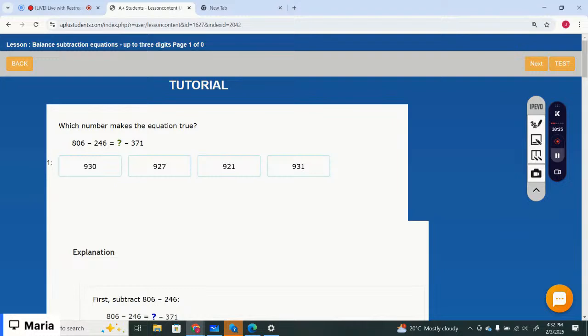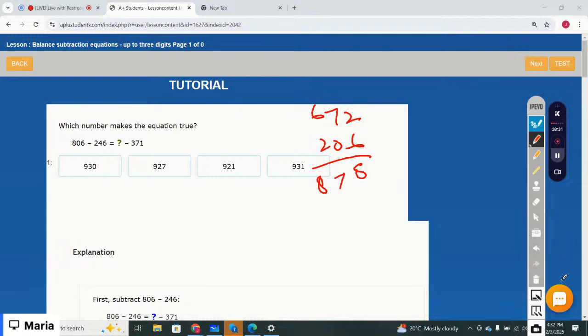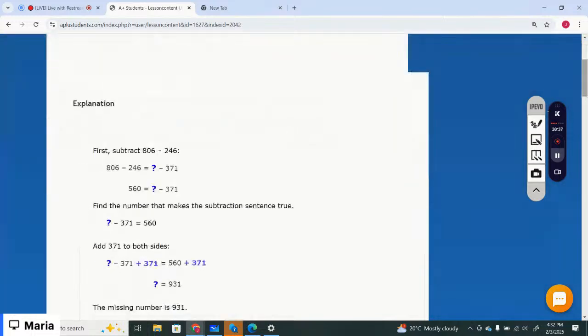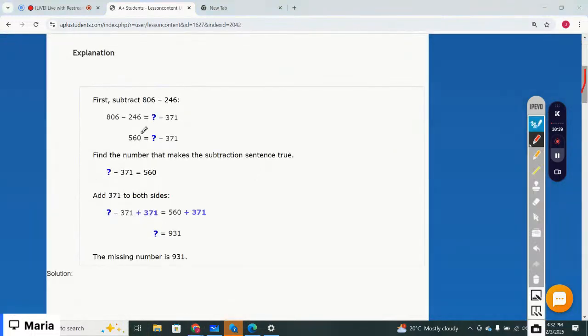You have to find the number that keeps the equation balanced. Balancing an equation means both sides of the equation must be the same. Start with the side where you are given both the numbers. Here you are given 806 minus 243. That is 560.